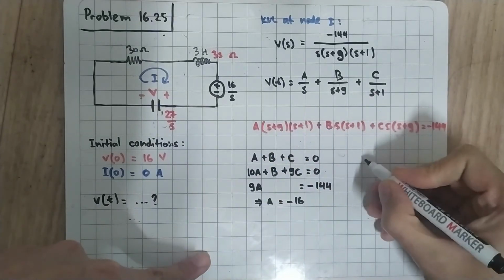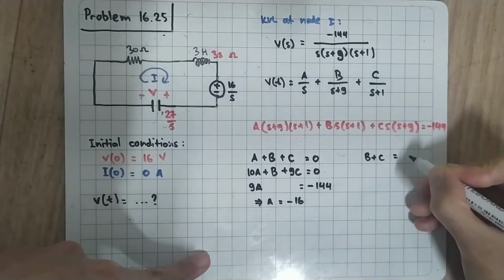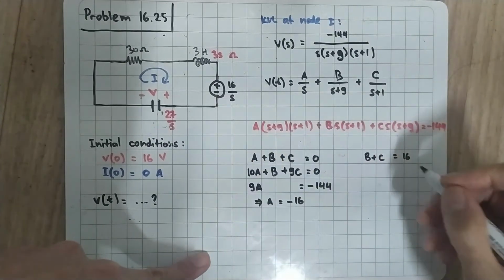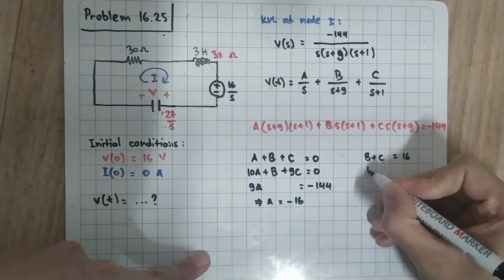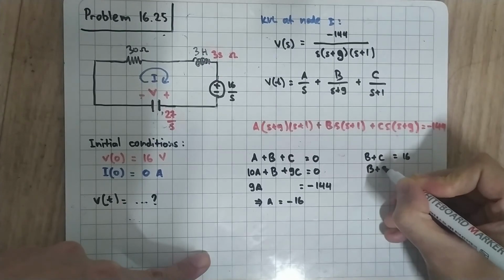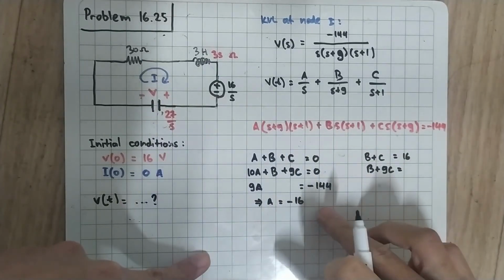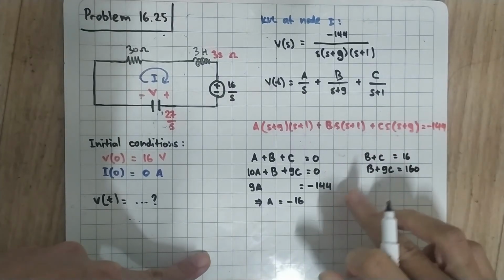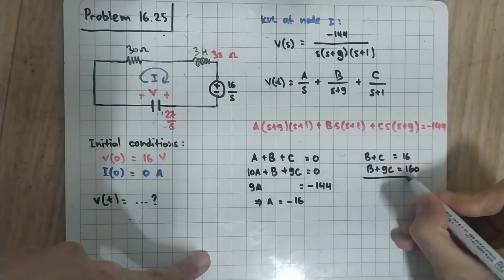So I will have b plus c is equal to 16, because a is minus 16, and then b plus 9c is actually 160. Okay, now let's just subtract this.